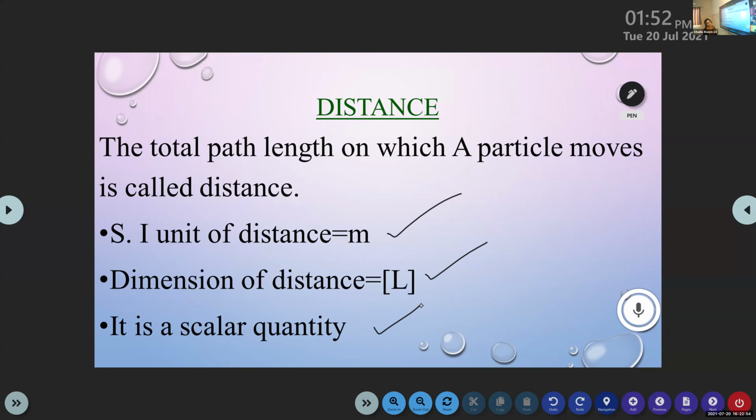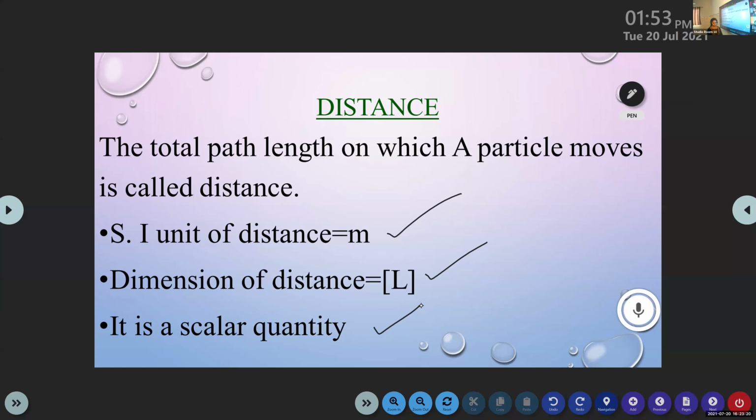Why is it called a scalar quantity, Lakshmi? Why is distance called a scalar quantity? Yes, because it has only magnitude. There will be no direction for distance. We cannot specify the exact direction. So it has only magnitude. That is why we can call it a scalar quantity.